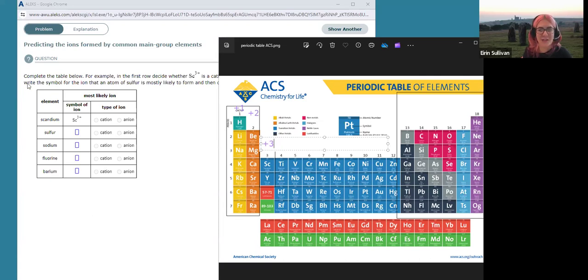Zinc is quite predictable. Again, the reasons for that become clearer later on, but there is only one ion that zinc can really form, which is zinc +2. Cadmium is very similar. Silver and gold also tend to just form +1 cations. So some of them are kind of predictable, right?